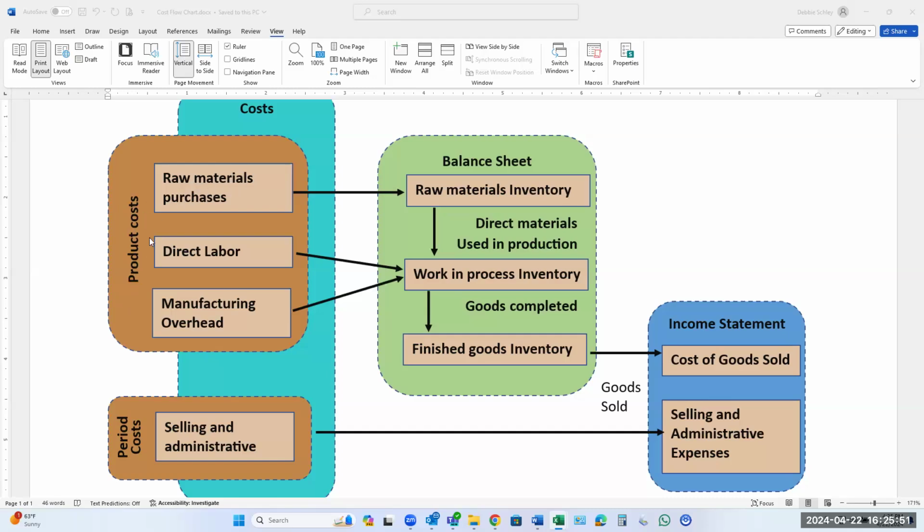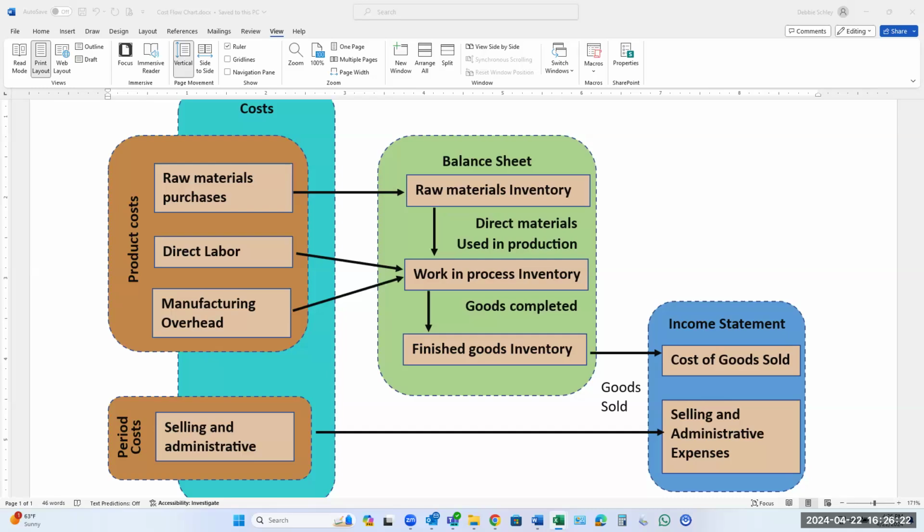So raw materials purchases, direct labor, manufacturing overhead. These product costs go into the balance sheet in raw materials, and this goes in work in process, and it all moves to finished goods inventory before it moves into the income statement as cost of goods sold. So that's just showing you the labels assigned to these numbers and how they flow through the balance sheet into the income statement. So those are product costs.